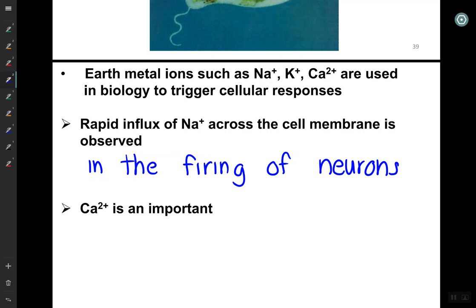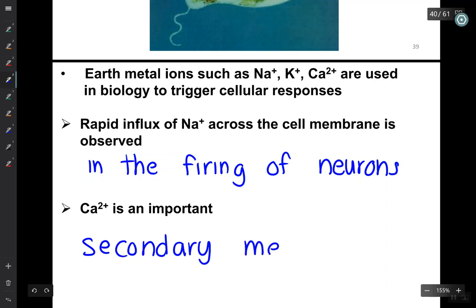Calcium is an important secondary messenger. So that's why it's really important that we have a good balance of these metals, because if it's either deficient or in excess, then you're going to be interfering with these cell signaling processes.